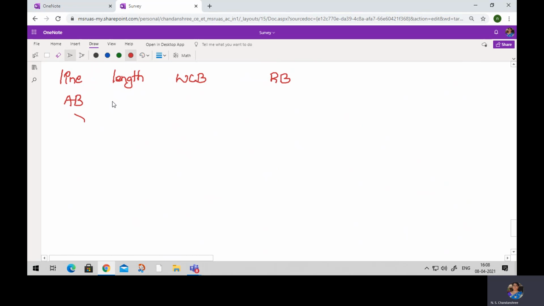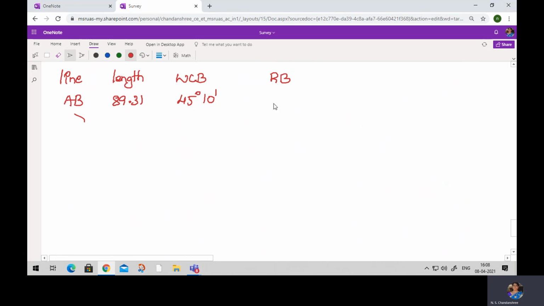Now for the same question, for the line AB, the length of the line is 89.31 and the whole circle bearing is 45 degrees 10 minutes.